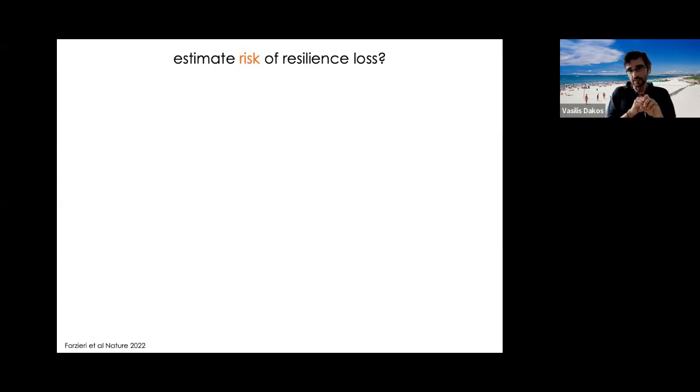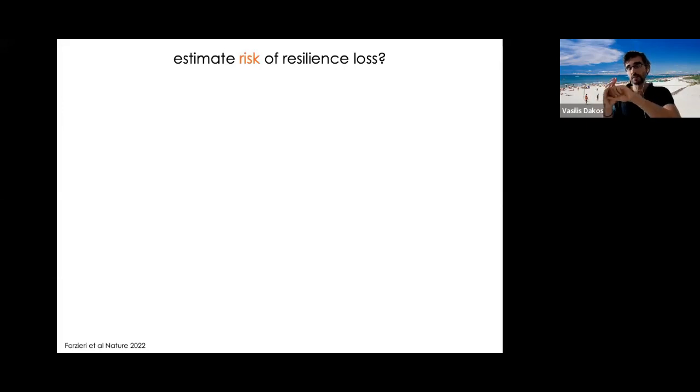For the same patches, we also had all these other types of information, as I showed you, like the forest cover, the climate variability, the background climate, and some other environmental and climatic variables.